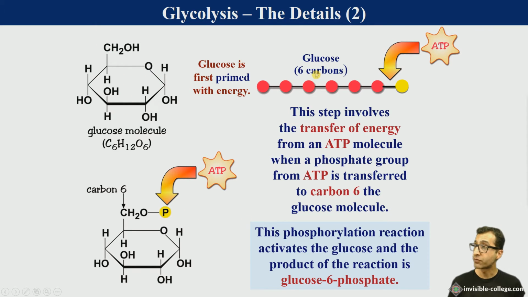So we've gone from glucose to glucose 6-phosphate by the expenditure of a single ATP molecule to provide energy for the process, to prime the glucose molecule with energy, and also the use of the phosphate which was hydrolyzed off the ATP molecule and the bonding of that phosphate to carbon 6. So we've formed glucose 6-phosphate here.